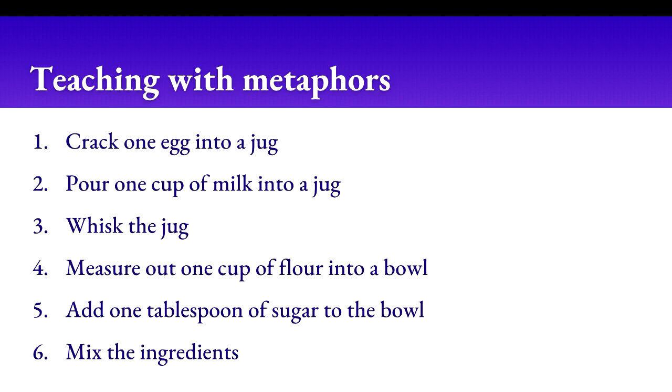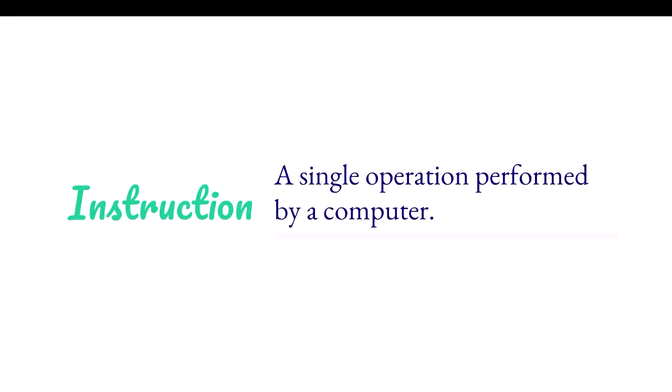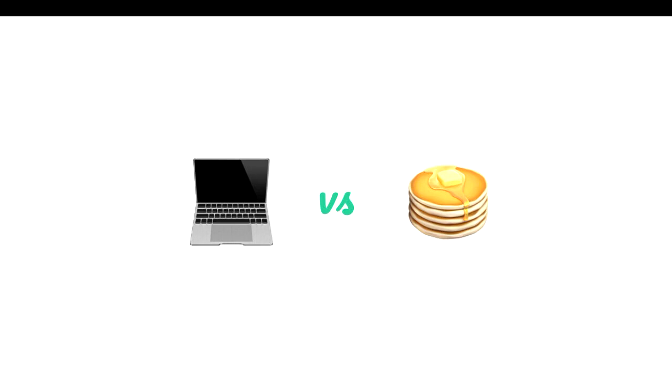If you whisk the jug before you put the eggs in, the recipe is not going to come out the way you expected. So an instruction is a single operation performed by a computer. But a computer is quite different to a recipe. Computers aren't pancakes.